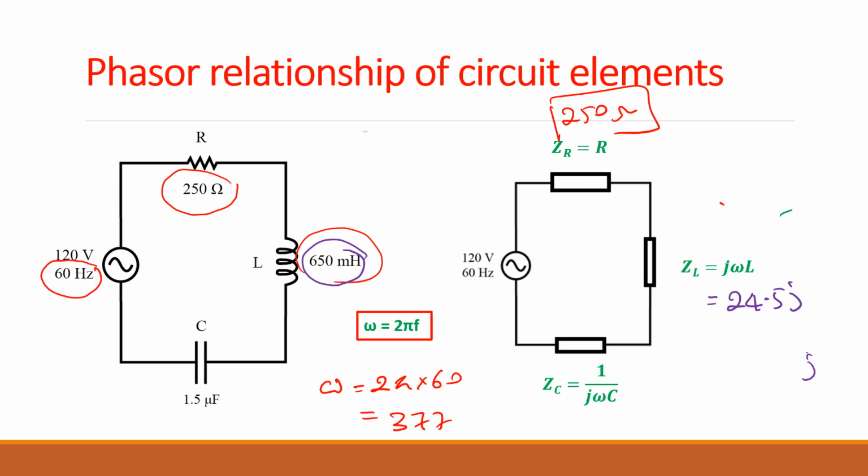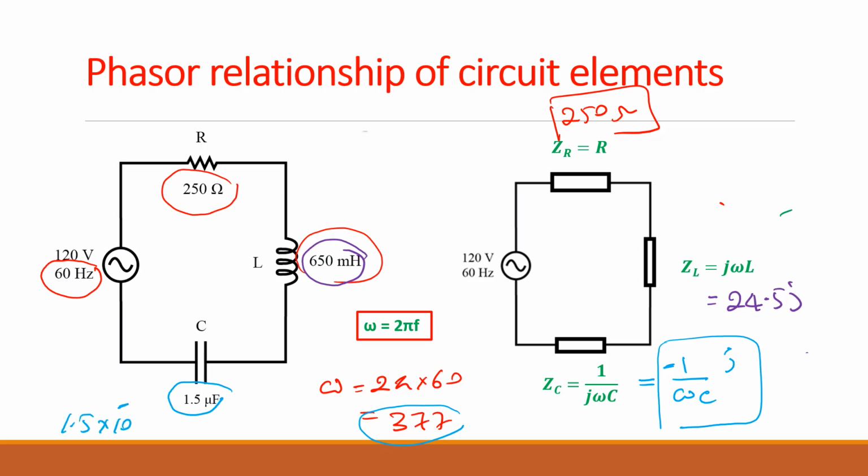Can you do the same for this one? I told you, you can make this 1 over omega C j with a negative. So you use this one, it is easy. It's the same thing. I showed you how it came. So omega is 377 again. C is 1.5 microfarad, so 1.5 times 10 to the negative 6 farad.